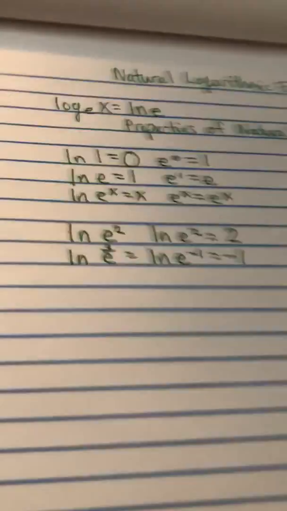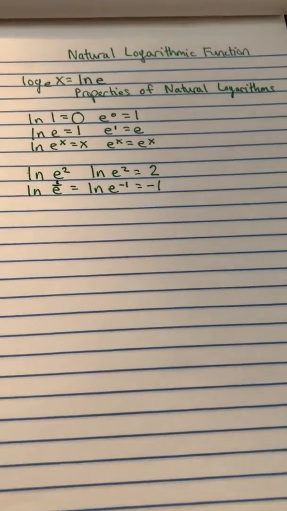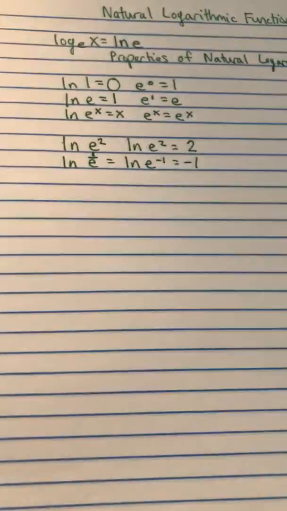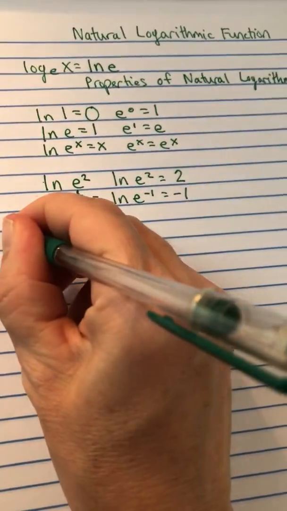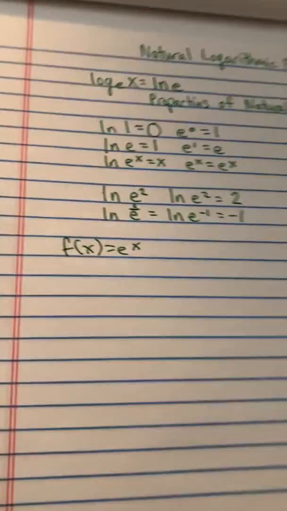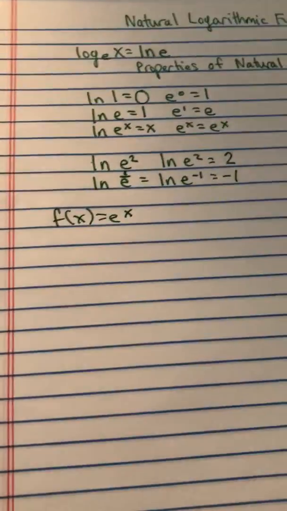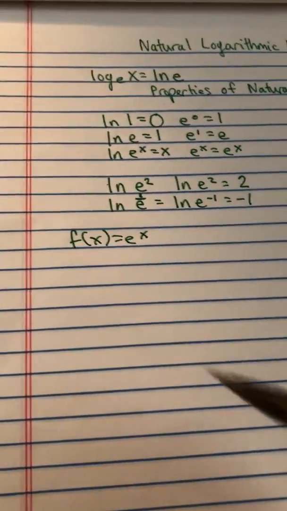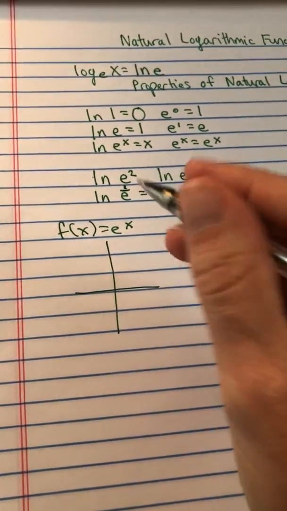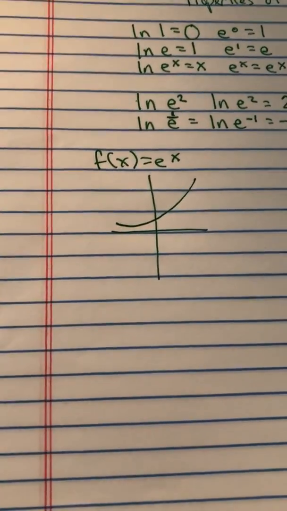Let's look at the graph and then the change of bases. I'm not sure how much we get into change of bases on homework, but you need that for pre-calc. It comes up a lot. So if I'm going to graph f of x equals e to the x, okay? Then e to the 0 equals 1, okay? And e to the 1 equals 2.72. So it looks like that.